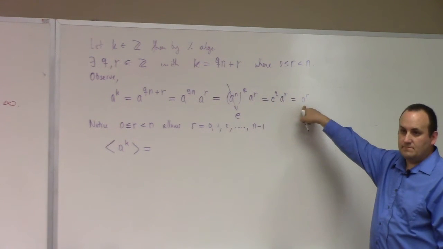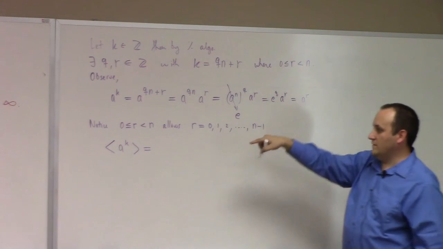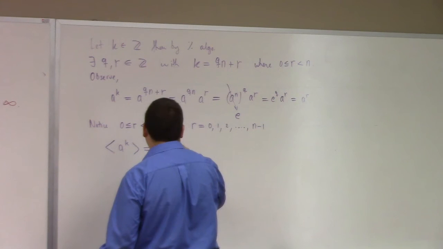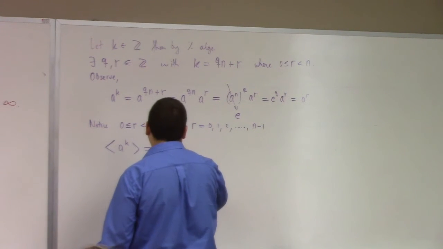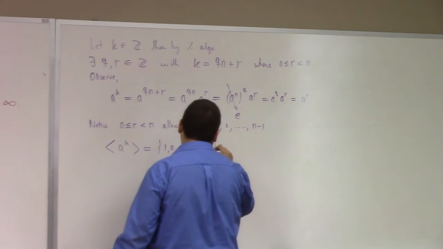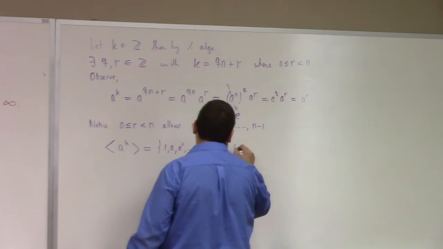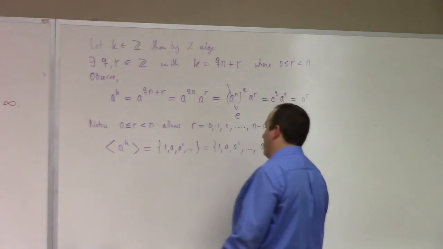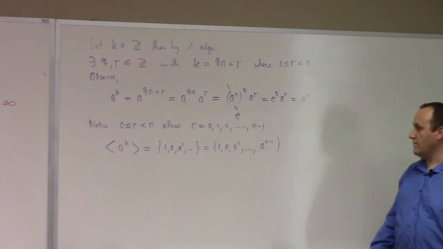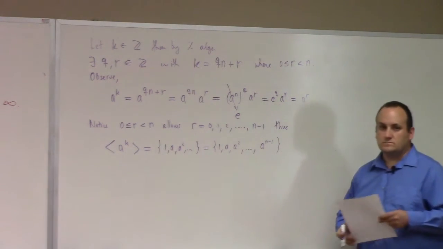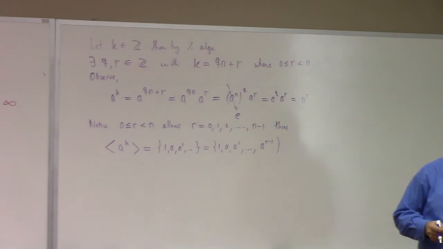So the possible list, right, a, 1, a squared, and so forth and so on forever and ever, it's just 1, a, a squared, up to a to the n minus 1. Right?